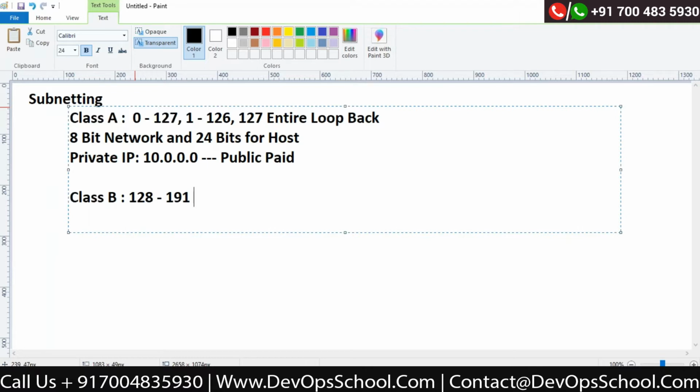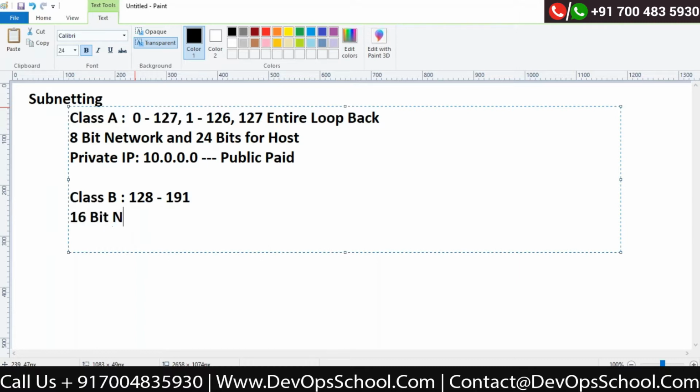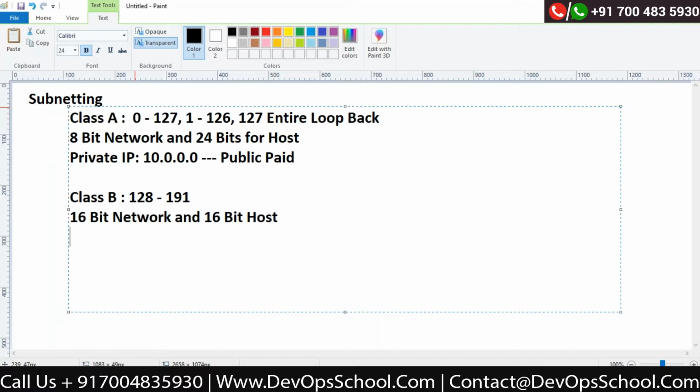Now, how many bits are reserved for network and for host in this case? 16 bits for network and 16 bits for host. What is the private IP address range given to you over here?